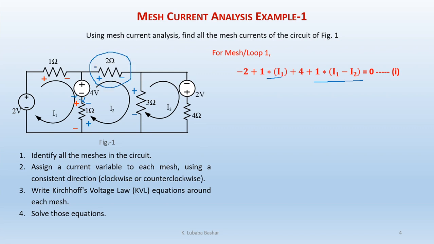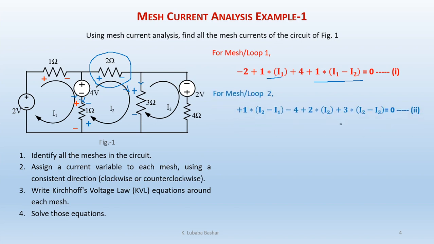Only I2 will flow through it, so the voltage drop across it will be 2 into I2, then plus 3 into I2 minus I3, as I2 is the greatest here, and the 3 ohm is the common terminal between mesh 2 and mesh 3. If the current I2 is greater, then the direction of the current will obviously be like this, and the voltage drop will follow the direction of the current.